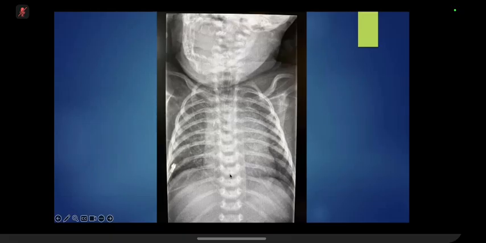And there is no evidence of pneumothorax. Both lung fields are clear. No shifting of the mediastinum. In the bones, there is no evidence of any fractures or bony lesions. I think there is just a widening of the mediastinum.